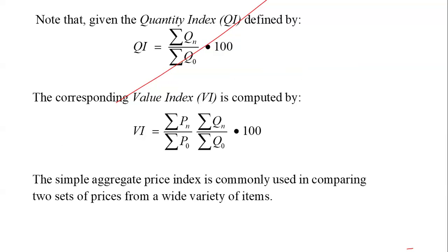Then note the quantity index, defined by Qi equals the sum of Qn divided by the sum of Q naught times 100%. And the corresponding value index, Vi, is computed by this formula: the product of the sum of Pn and the sum of Qn divided by the product of the sum of P naught and the sum of Q naught times 100.